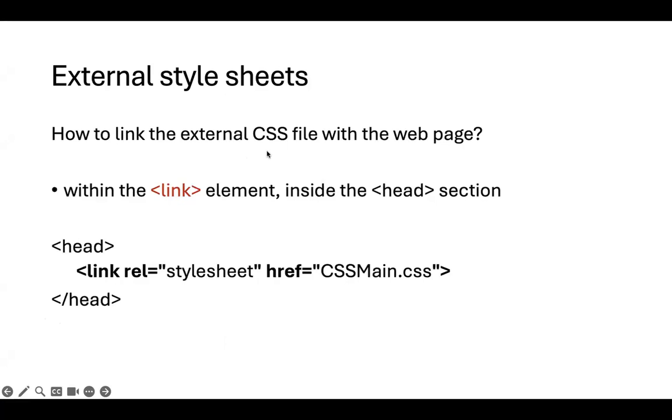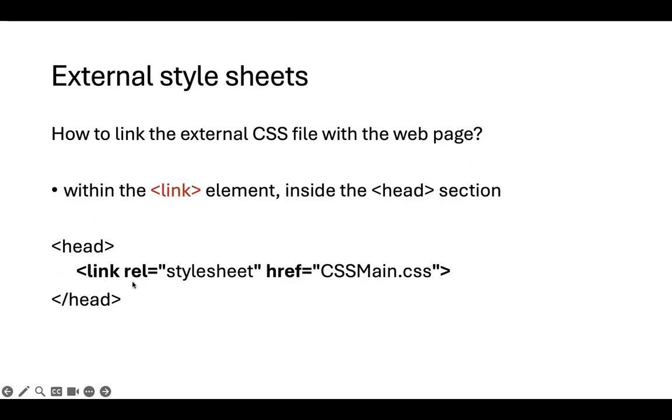So how to link the external CSS file with the web page? We are writing the styles in a different file rather than giving them in the web page. So we need to link that CSS file into our web page. To do that, we are using the link tag, the link element, which is inside the head tag, right? Like this. We need to link it like this.